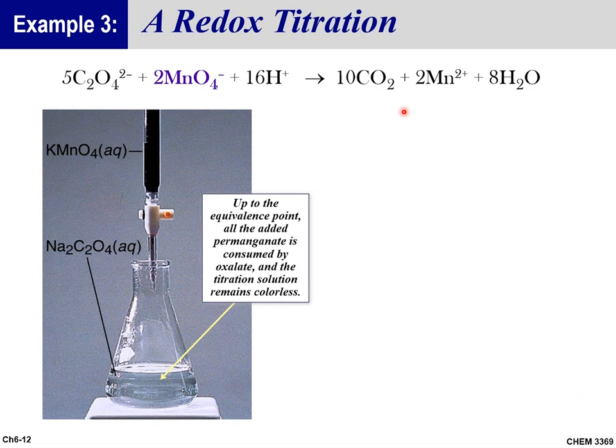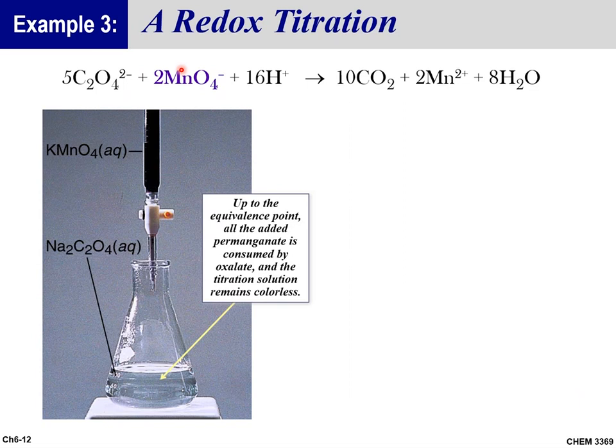So in this particular example, we use this reaction in which the oxalate reacts with the permanganate. Okay, so permanganate is our titrant. We are adding permanganate, and it reacts with oxalate.